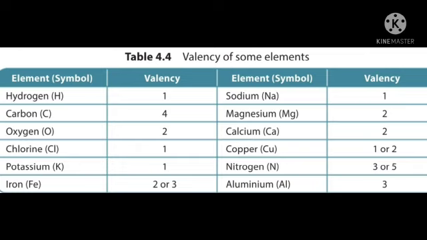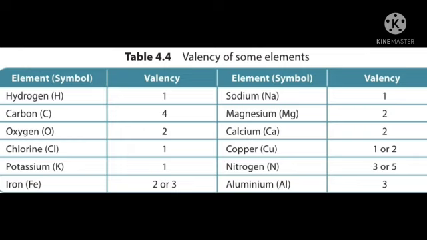Chlorine 1. Potassium 1. Iron 2 or 3. Sodium 1. Magnesium 2. Calcium 2. Copper 1 or 2. Nitrogen 3 or 5. Aluminium 3. These numbers show the valency for each element.